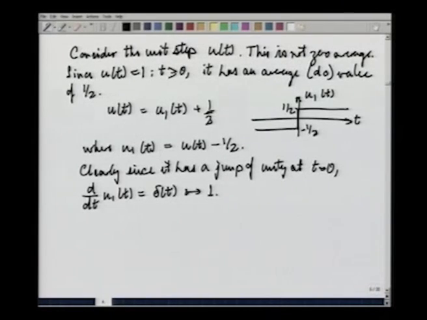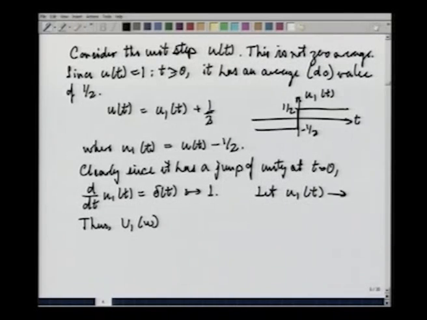Delta t's Fourier transform is 1. So, what is u1 of omega? By which of course, I mean the Fourier transform of u1 of t.